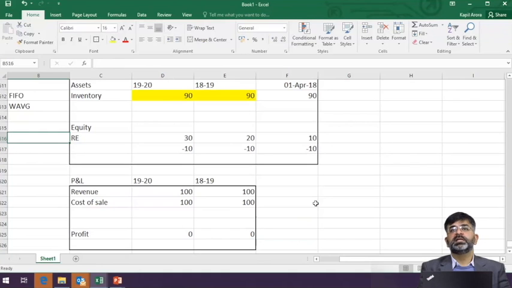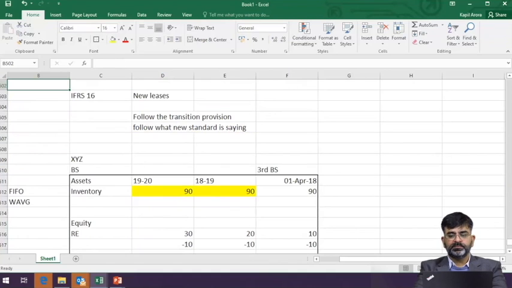So it shows that we are not just going to adjust the accounting policy in this year. We will take the impact in the previous year and to the previous year also, for which the third balance sheet would be created. That's what happens when you change your accounting policy.